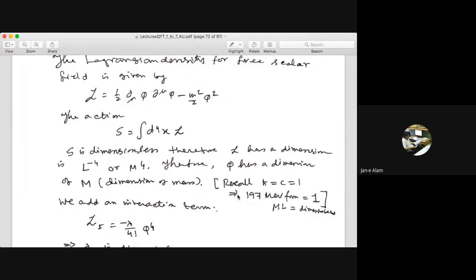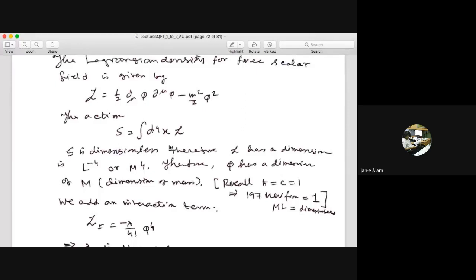Similarly, in our discussions, all velocities will be dimensionless, because I am measuring them in the unit of c equal to 1. If I say velocity is 0.2, that means it is 20% of the velocity of light.